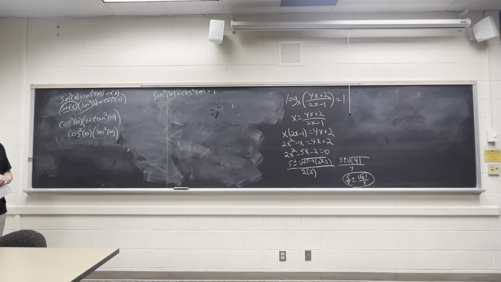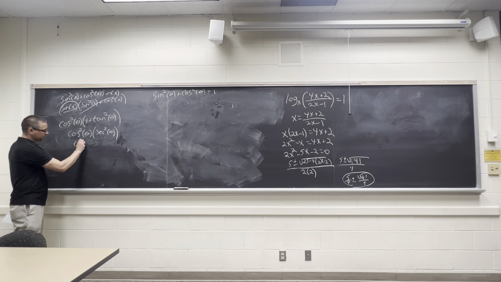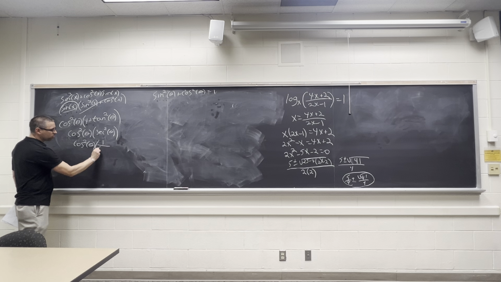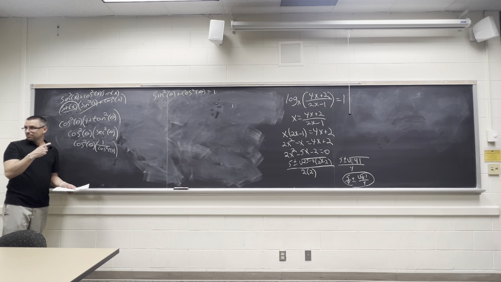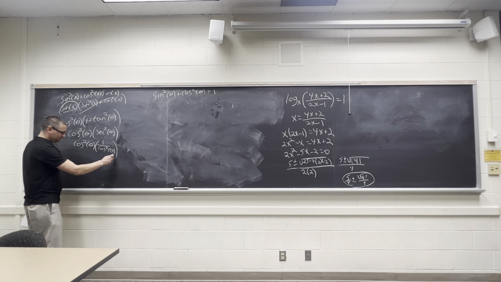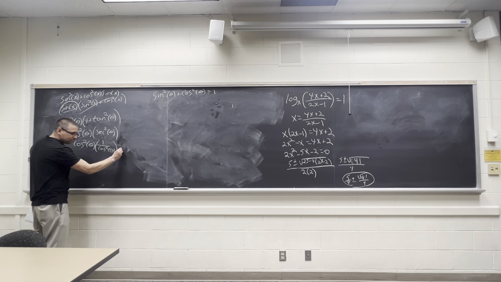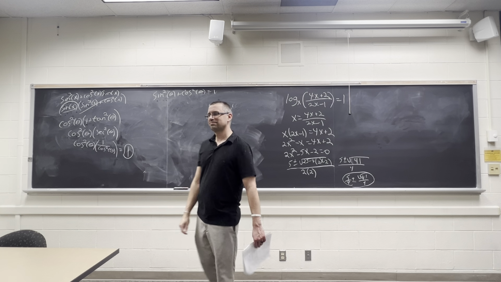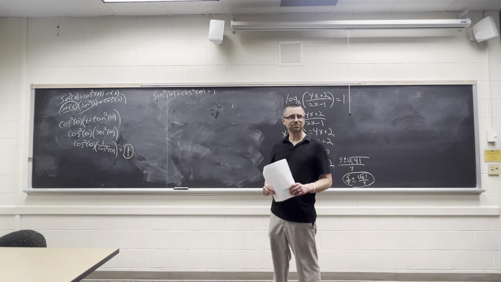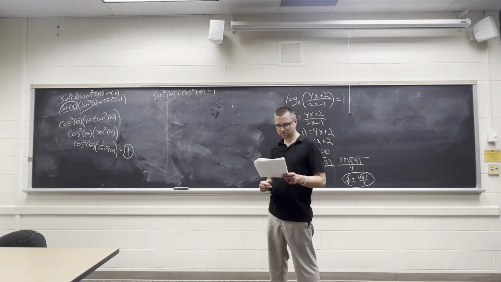So secant squared is just 1 over cosine squared. Then you get cosine squared theta times 1 over cosine squared theta. What is cosine squared times 1 over cosine squared? The cosines cancel, so you get 1. Any questions?